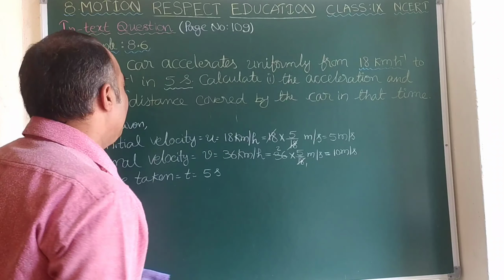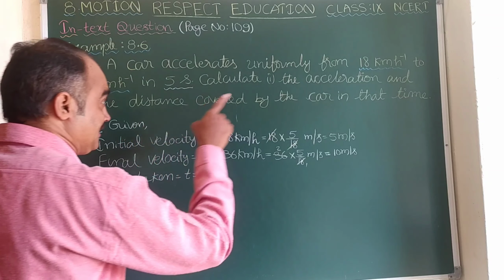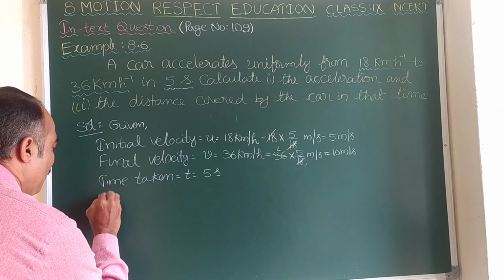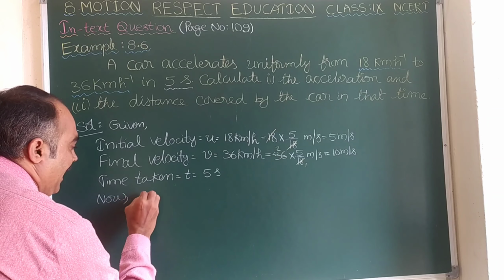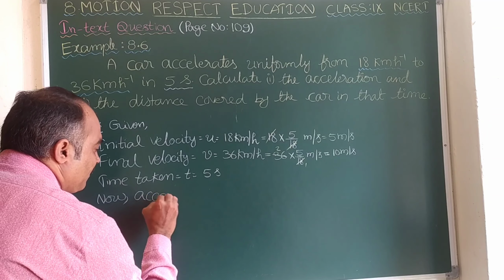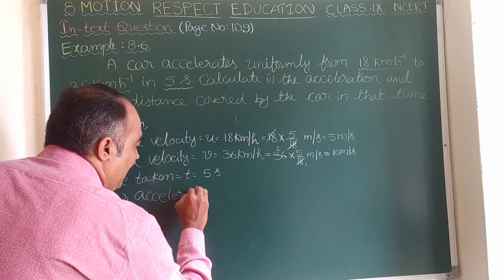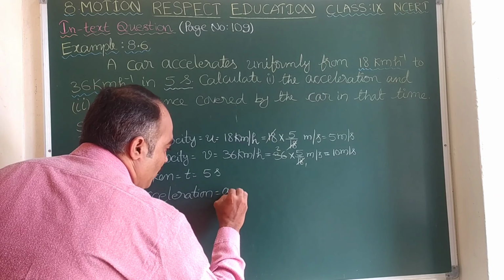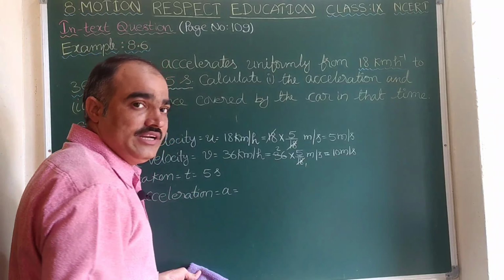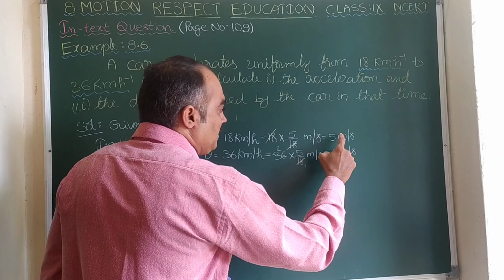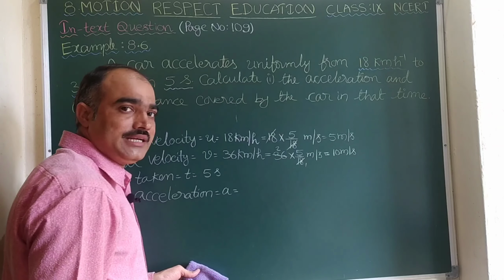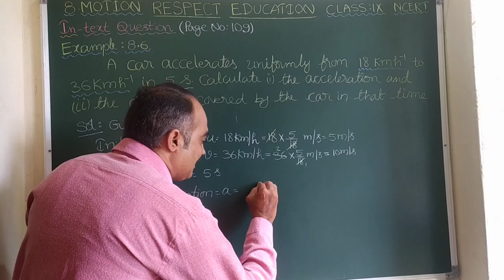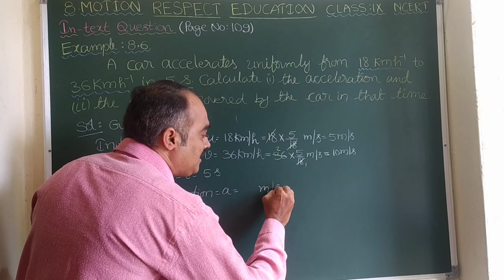Now the first bit to calculate is the acceleration. Acceleration is denoted by small a, and that is what we need to find. If the velocities are in meter per second and the time is in seconds, then acceleration will be in meter per second square.